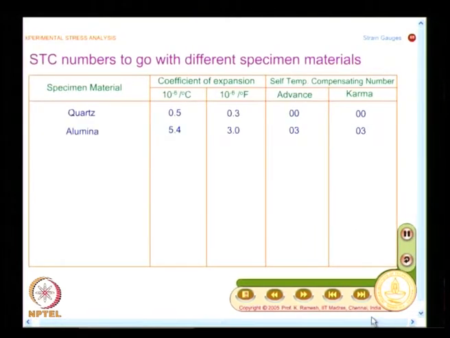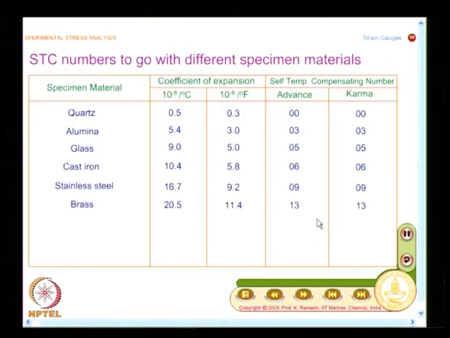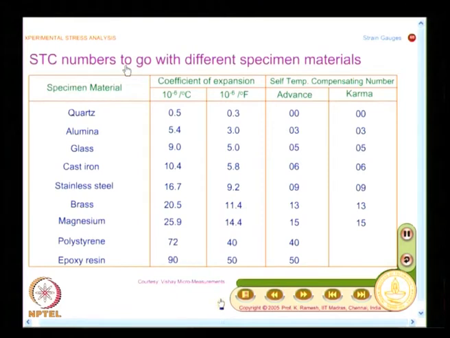And they also have numbers associated with the gauges. I said, when I say self temperature compensated gauges, they are selected for a given specimen material. The coefficient of expansion is given in terms of per degree centigrade and per degree Fahrenheit for various base materials. And if you look at the self temperature compensating number, it is given for advance alloy as well as karma alloy.